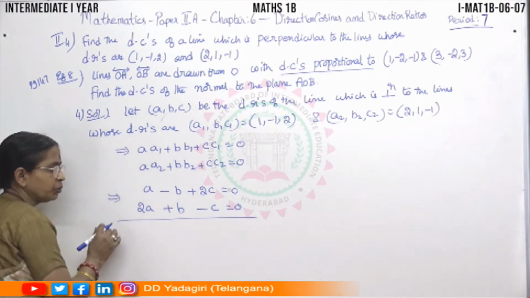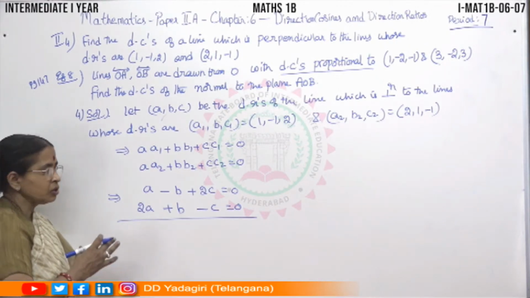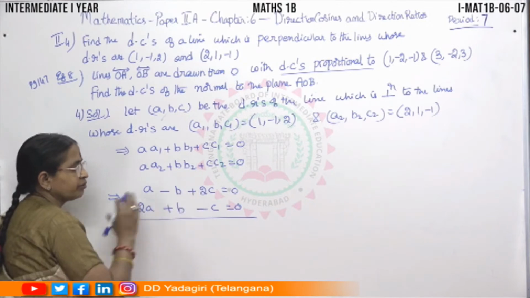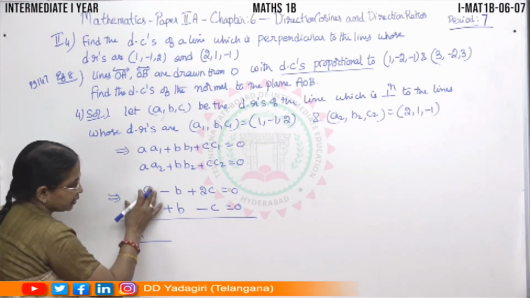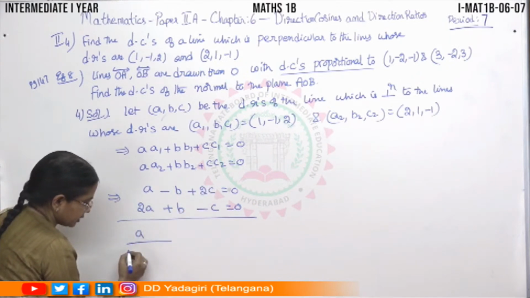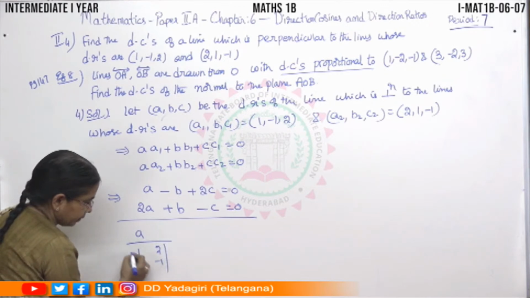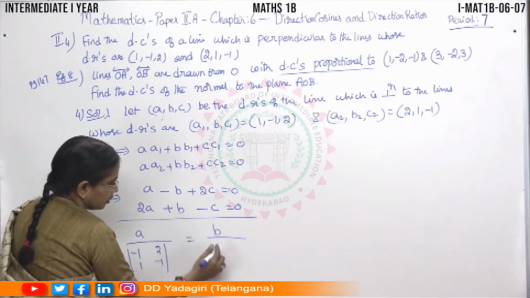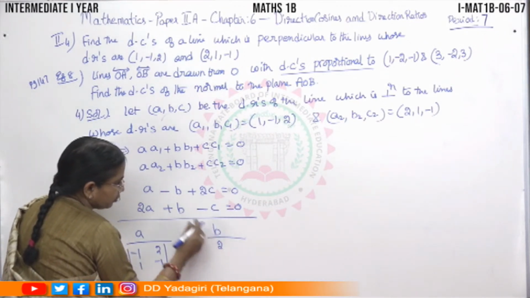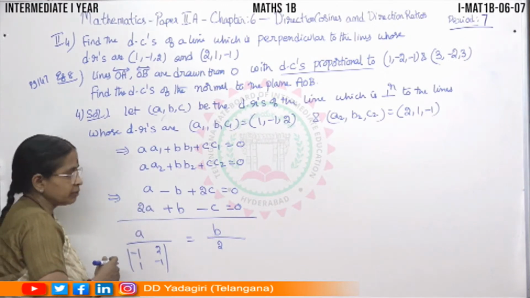Now you have only two equations and three unknowns, so you will get the ratio of these values. You can solve by the cross multiplication method. How do you solve by cross multiplication?